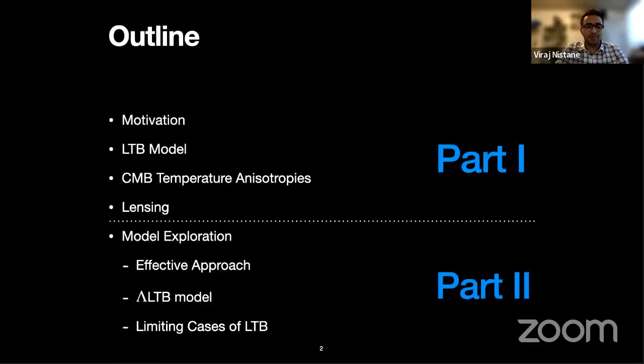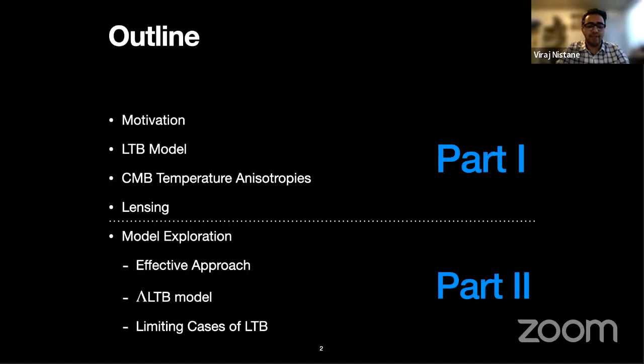Like any good presentation, I have this outline for you. First, we'll go through a bit of motivation for studying inhomogeneous universe models. Then we'll very briefly see what our chosen model looks like and some of its important characteristics. Third, we shall quickly go through the significant contributions towards the CMB temperature anisotropies in this kind of universe model.